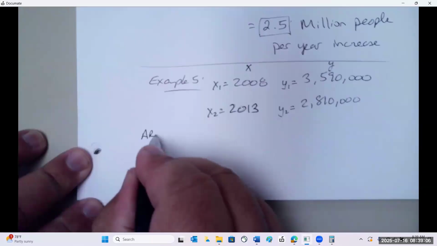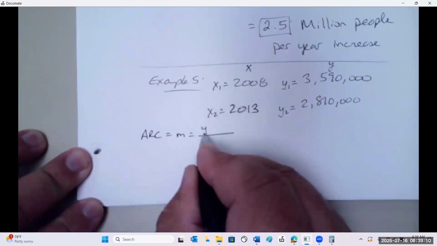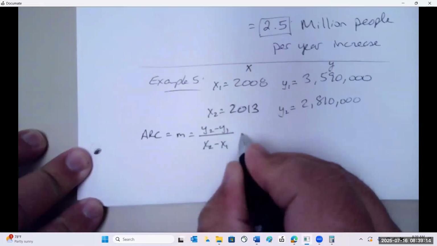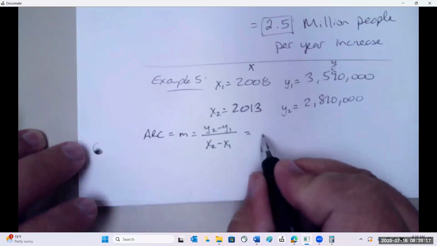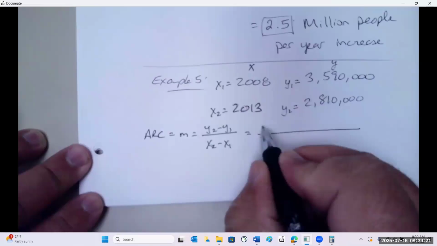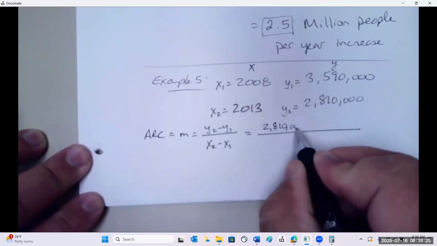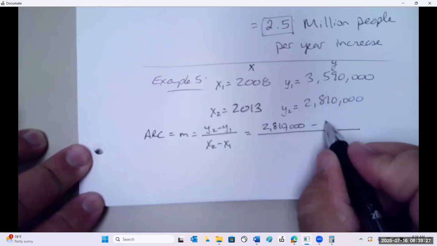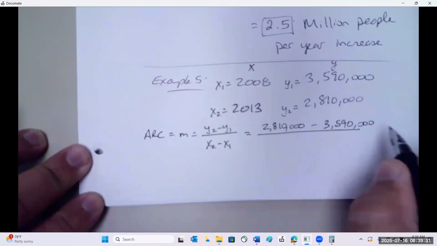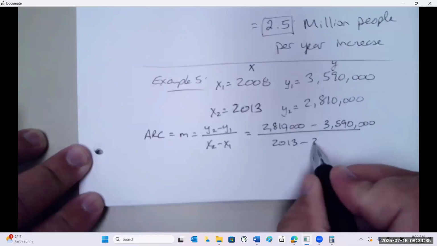So the average rate of change is the slope, which is Y2 minus Y1 over X2 minus X1. So Y2 is 2,810,000 minus 3,590,000 over 2013 minus 2008.